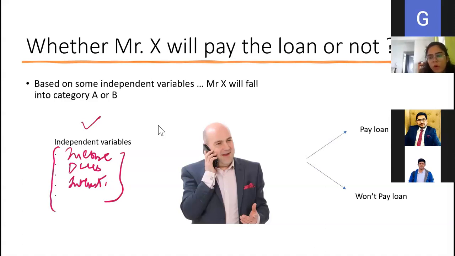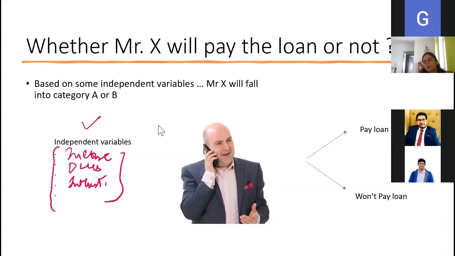Or say for 2000 people, I have the record of their income, their debt, their life stage, and collaterals, all the variables I take, and I already have the data of whether they paid the loan or not.